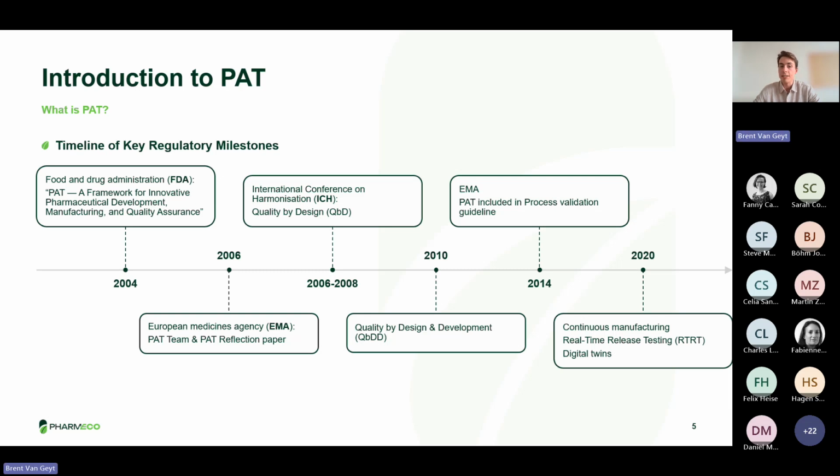And last but not least, in 2020, we are now talking about continuous manufacturing, real-time release testing, and digital twins. With continuous manufacturing, so not batch production, we have to know what the continuous line is doing constantly, so PAT will be included there. And real-time release testing, with the continuous line constantly releasing product and knowing what the quality of it is. For digital twins, Joshua will give more on that later on.